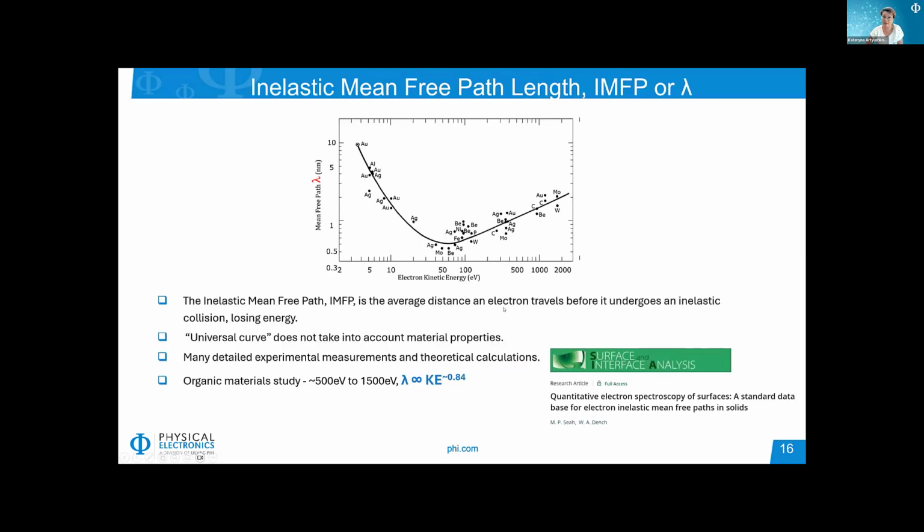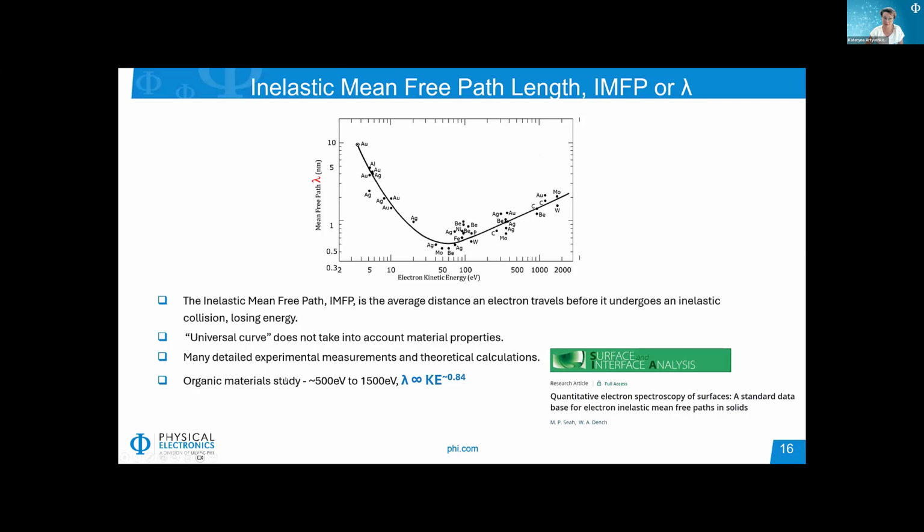There are tons and tons of publications where you can find the inelastic mean free path defined empirically, experimentally and theoretically. The universal curve is something that many of you may have seen before. Unfortunately, it does not take into account material properties. Like I mentioned before, there are many detailed experimental measurements and calculations that you can find. If you have a material that you work with, you may be able to find a good reference.